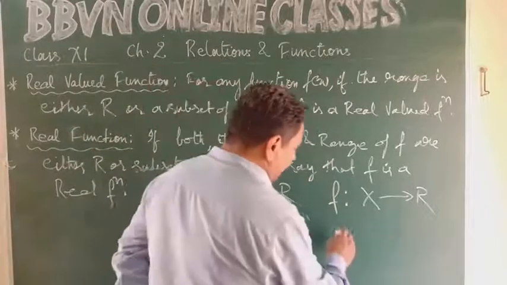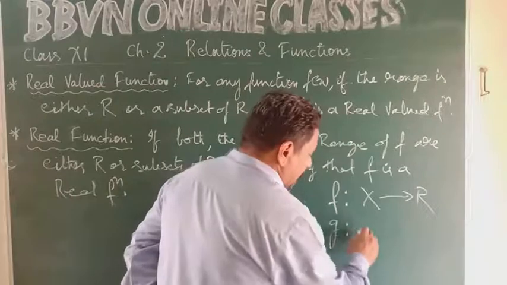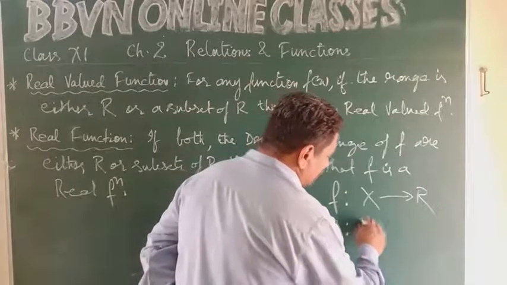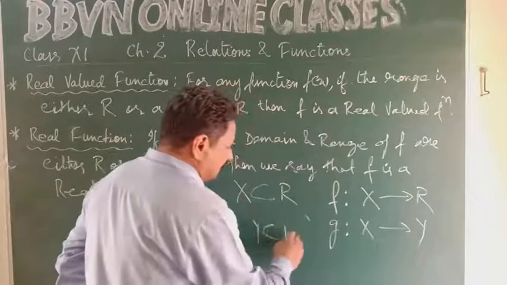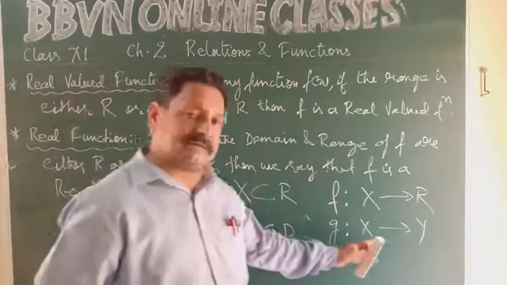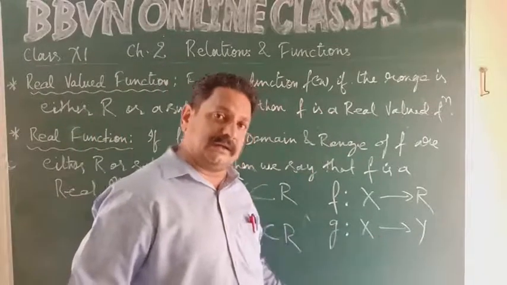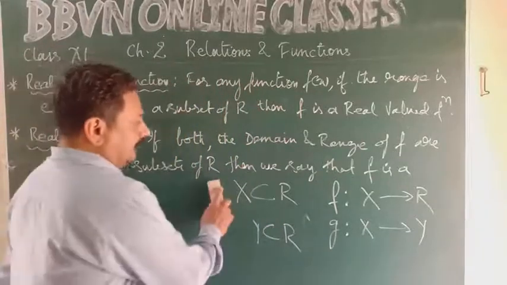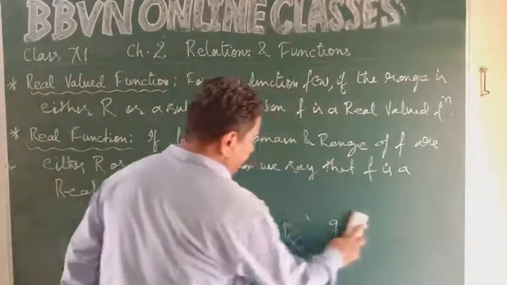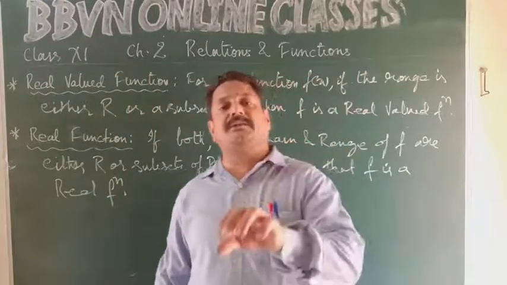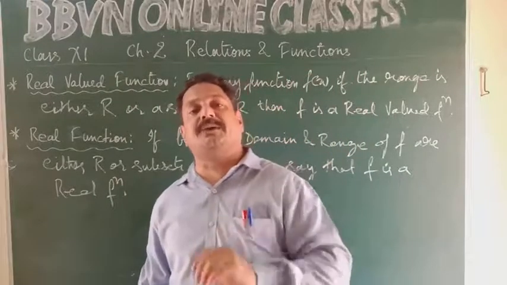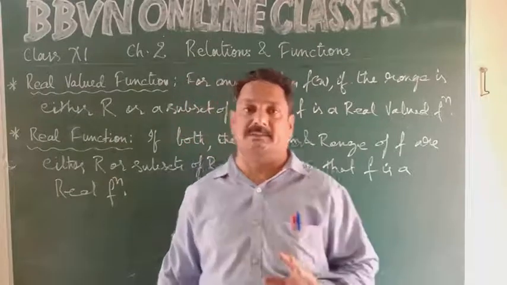It can also be like function g such that x maps y. What is y? Y is a subset of R. X is also a subset of R. This is also a real function. So keep this in mind. Real valued function and real function. In real valued function, very simple, the value of the function f of x, the magnitude of f of x will be a real number.